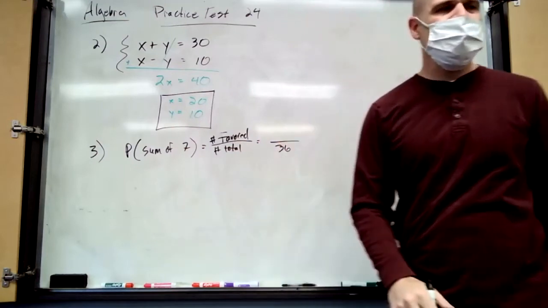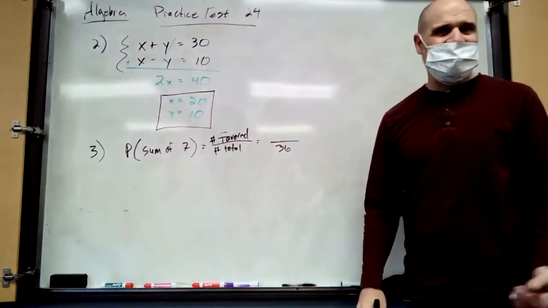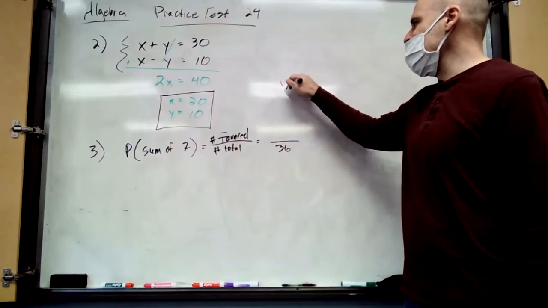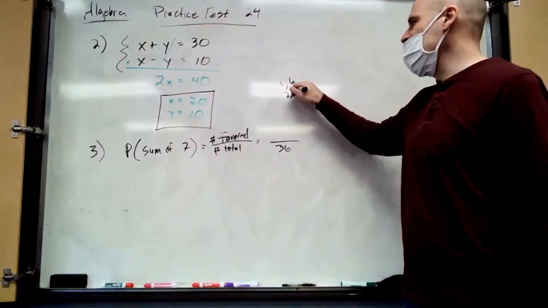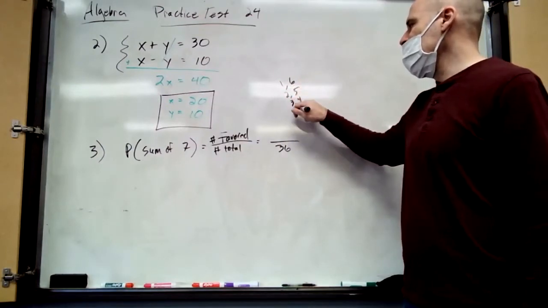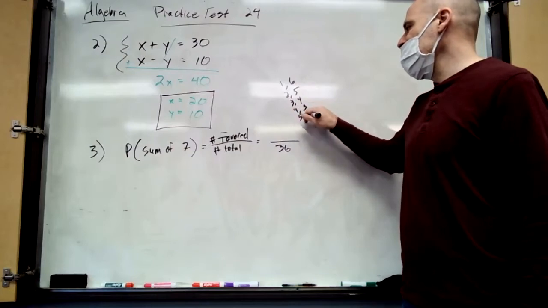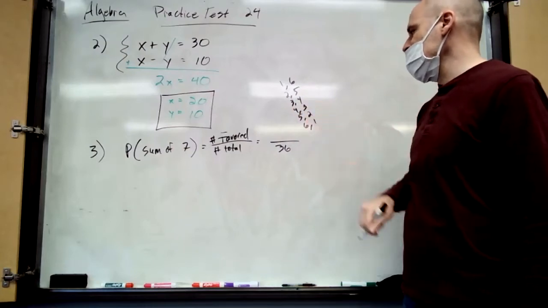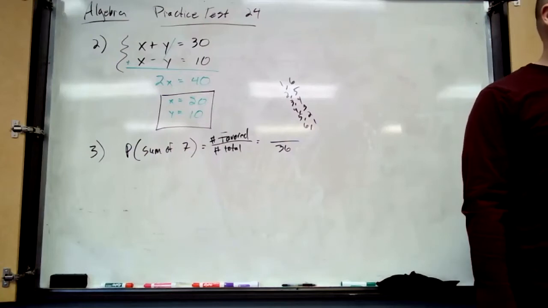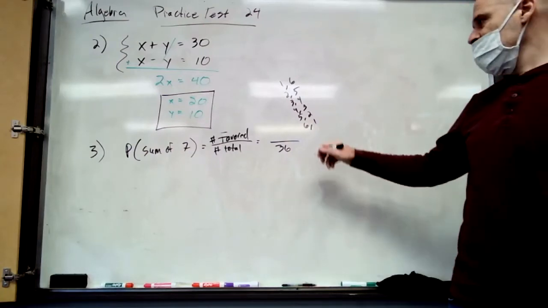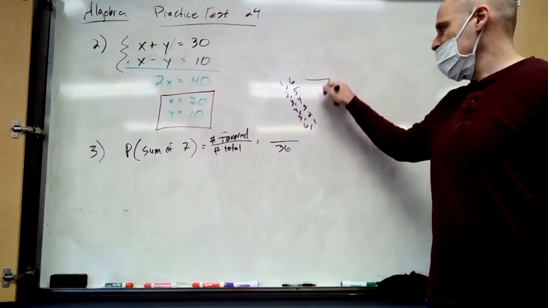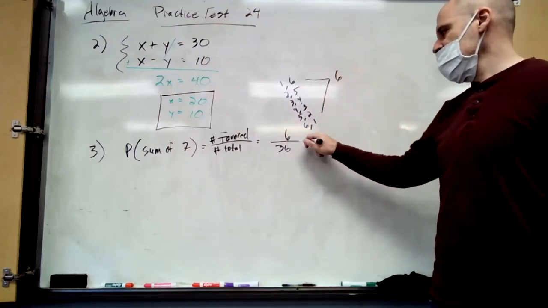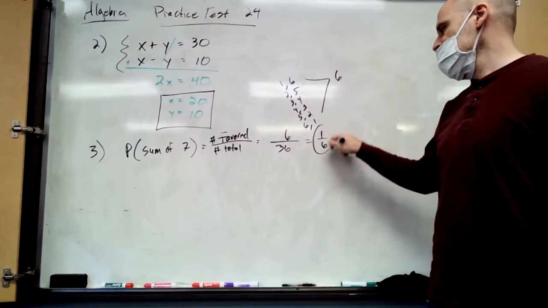Now we have to figure out what numbers add to 7. Well, 1 and 6, 2 and 5, 3 and 4, 4 and 3, 5 and 2, and 6 and 1. Okay, that's a lot. But how many is that? It's just 6. Reduce 6 over 36, 1/6 is your probability.